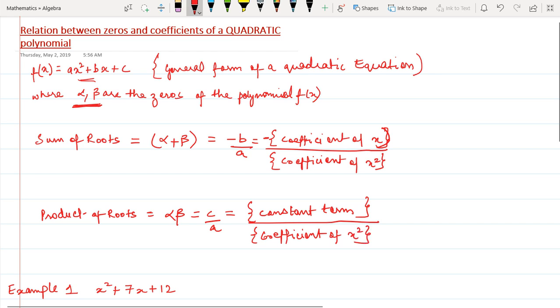Okay, let us take an example and understand this slightly better till the time that becomes more clear. You can revise this again. Sum of roots is minus b by a, product of roots is c by a.